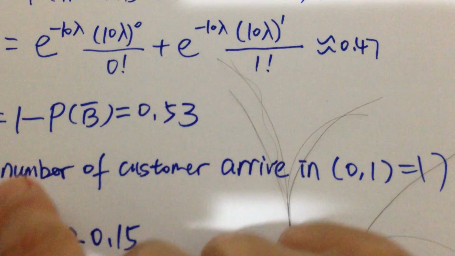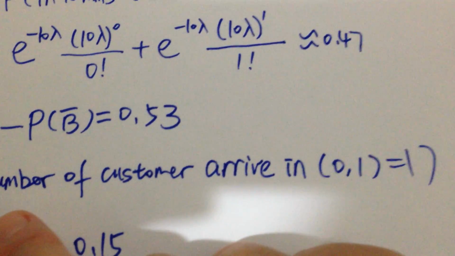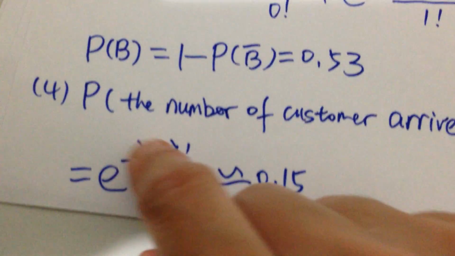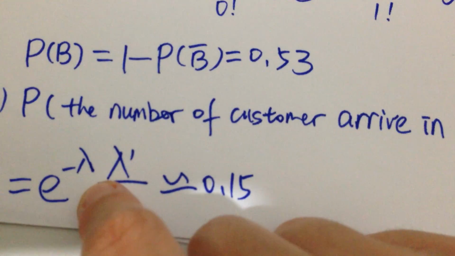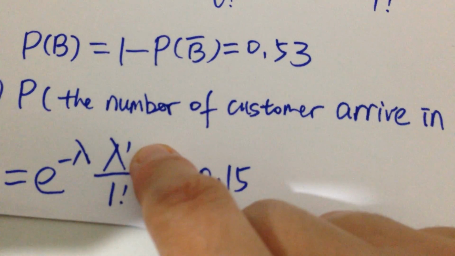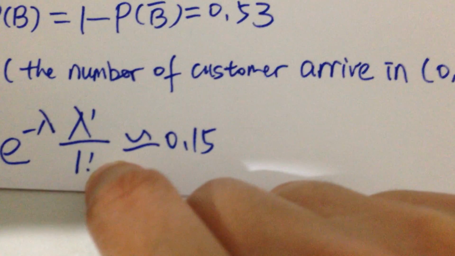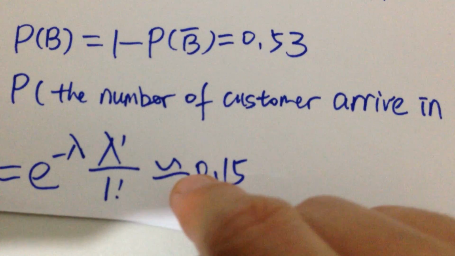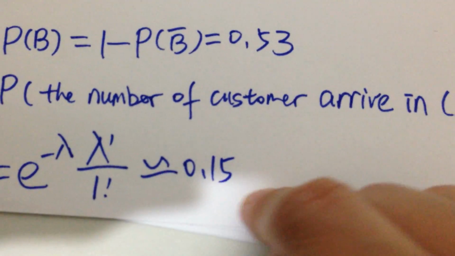We also apply the Poisson equation to it. Then it equals e to the power of minus lambda times lambda to the power of 1, divided by 1 factorial. This equation is roughly equal to 0.15. Here is the final answer for question 4.